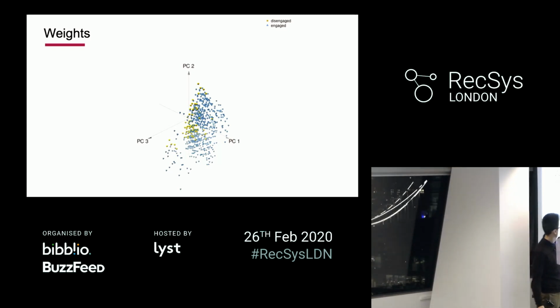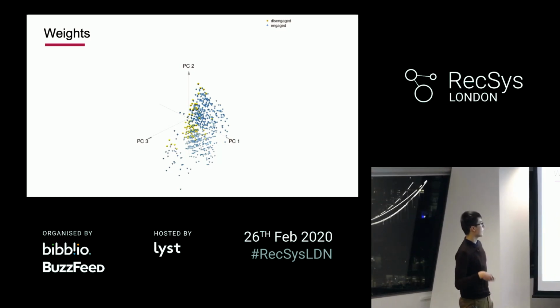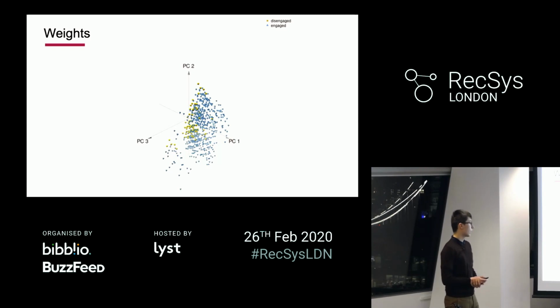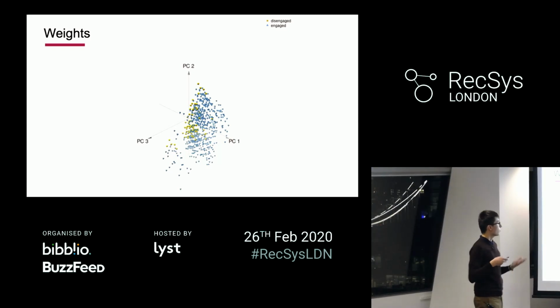You can see that the disengaged users tend to cluster in the middle, which means that basically they didn't take any actions at all, versus the engaged readers, who are spread all over the 3 principal components, which means that the way we interpret it is that it doesn't matter which action the user takes. What matters is that the user takes an action.